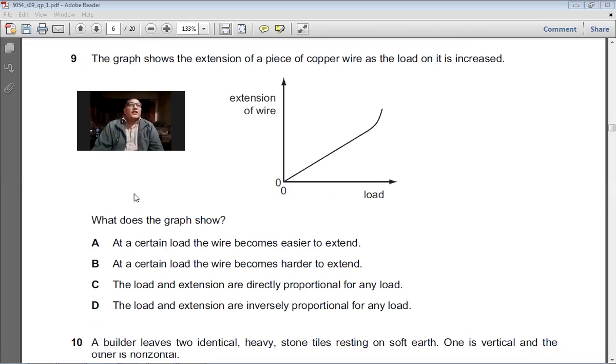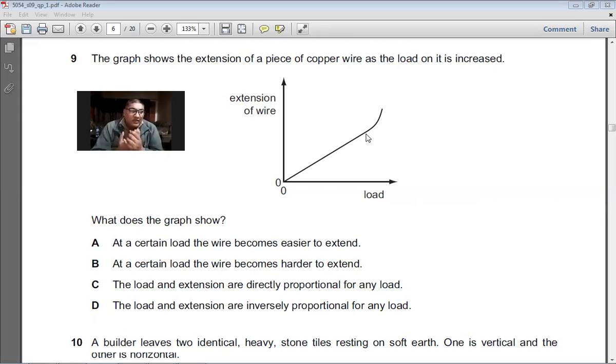The graph shows the extension of a piece of copper wire as the load on it is increased. So it's an extension-load graph. On the y-axis, the extension is represented. What does the graph show? Up to this point, the extension and the load are directly proportional to each other.